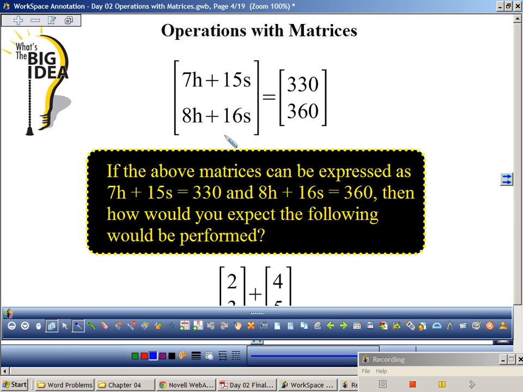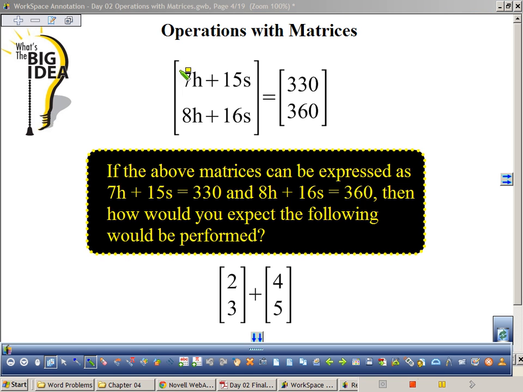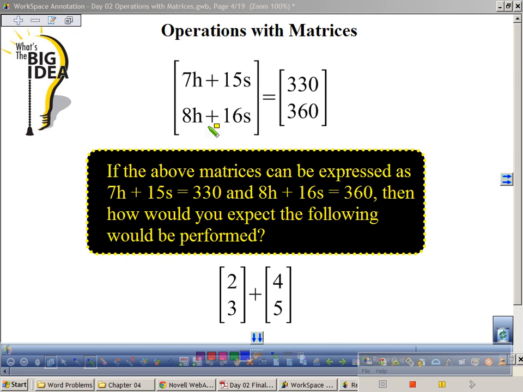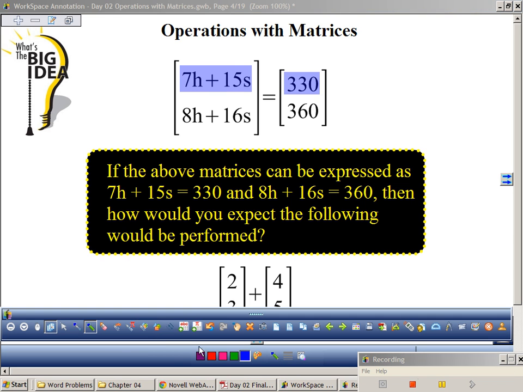Okay, so yesterday we had something like this. Remember that? That was the very beginning exercise that we did. Just out of curiosity, what is the dimensions of this matrix? Not a 2 by 2. It's a 2 by 1. Because look, this is one piece of information that matches up with this piece of information.